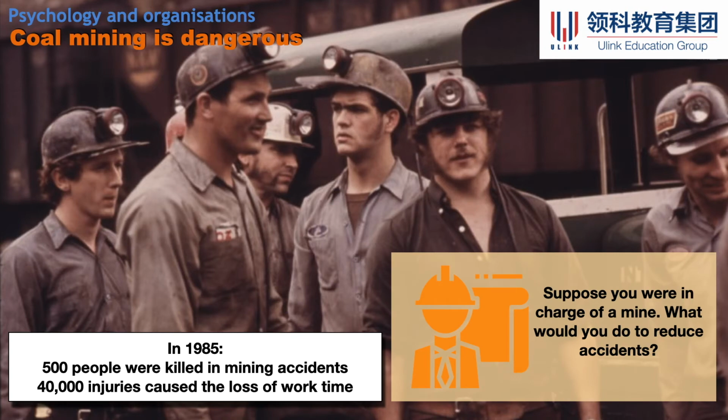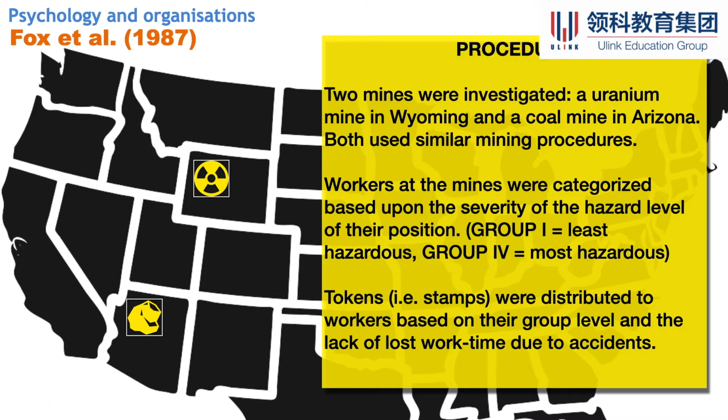So if we were in charge of a mine, what could we do to reduce accidents? Well, again, at these two facilities, one of them was in Arizona, that was a coal facility, and one of them was Wyoming, that was a uranium facility. We try to incentivize people to be safer by giving them some sort of token. In this case, more specifically, it's a stamp.